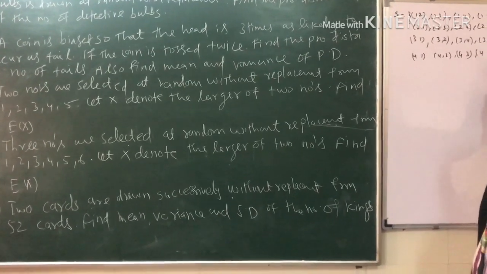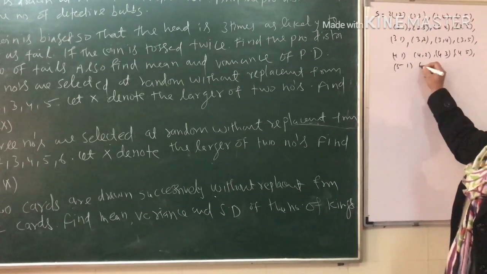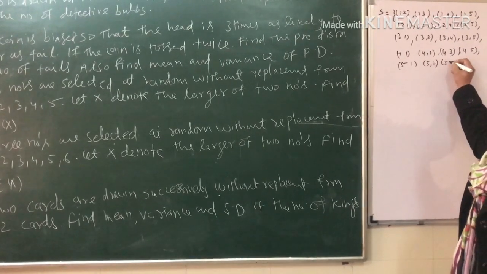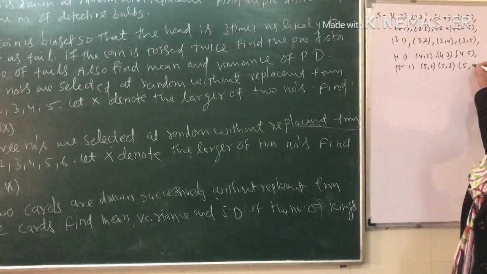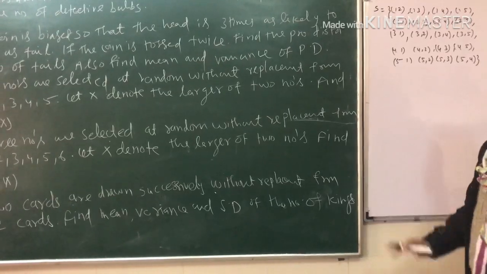Then next 5, 1, then 5, 2, then 5, 3, then 5, 4, clear? Okay, this is the sample space.